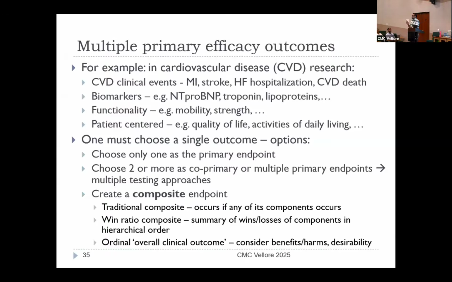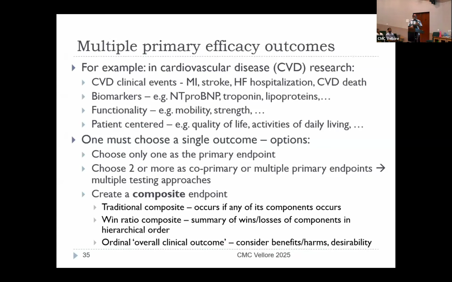Usually I have not seen more than 2, sometimes 3, but you cannot say I have 17 multiple primaries. Then nothing is primary. So you have to have some sense here, right? If you have multiple primaries, then you are doing multiple testing. And so you have to deal with multiple testing. And I'll give some examples of that.